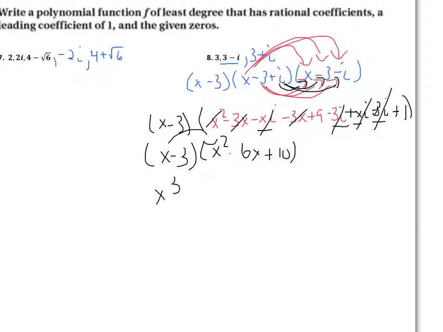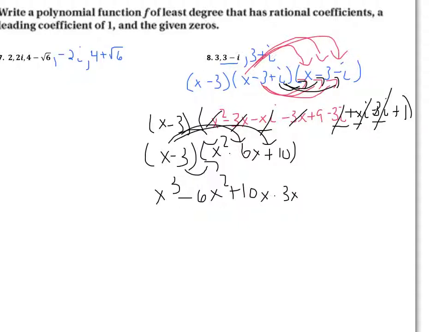So x to the third minus 6x squared plus 10x. Oop, let me see, I'm getting sloppy again, and we saw what happened when we don't take time to write neatly.